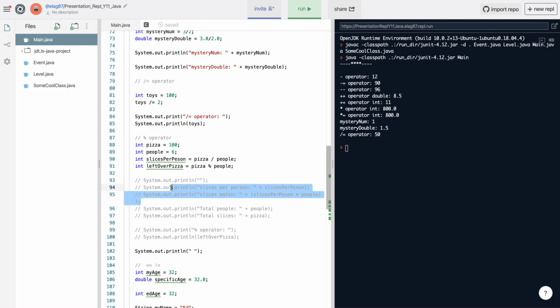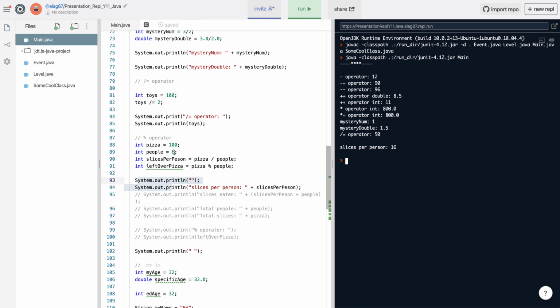So the first thing that we're going to look at is slices per person. Slices per person would be the pizza divided by the amount of people. So if we divide 100 pieces and share them among 6 people, then we would have 16.